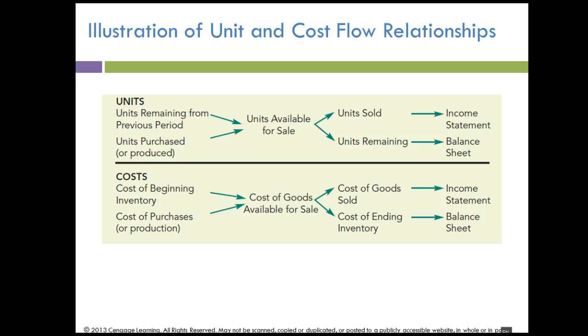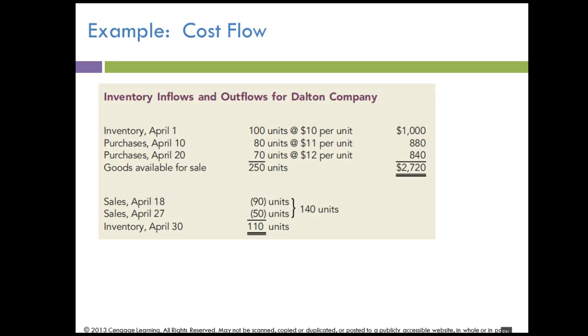But for cost purposes, we are going to have a different method than we may with goods in order to account for that value on the income statement and that value on the balance sheet. Remember that cost of goods sold would be shown as an expense on the income statement, and then our cost of the ending inventory is a current asset on the balance sheet.